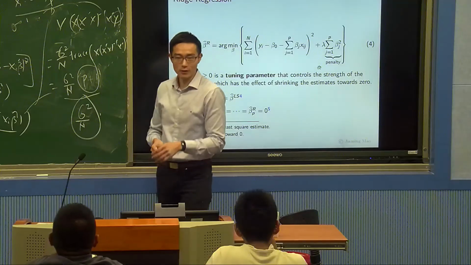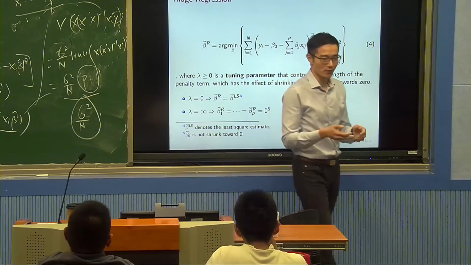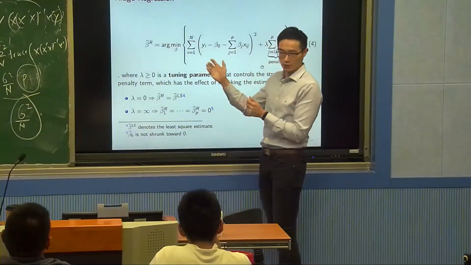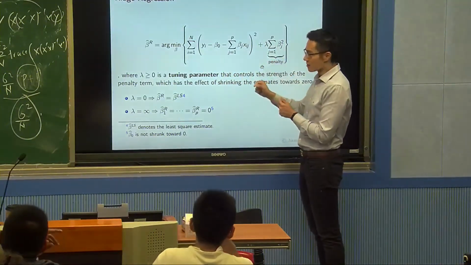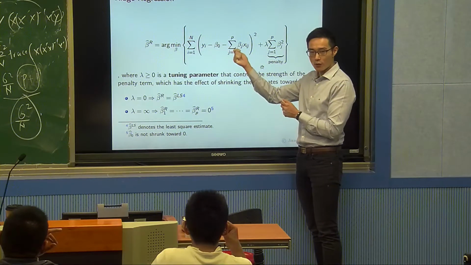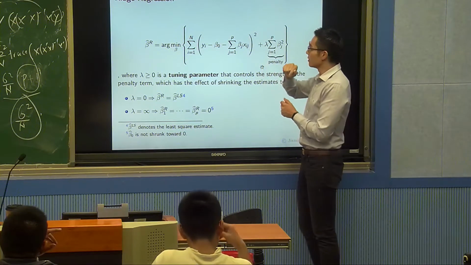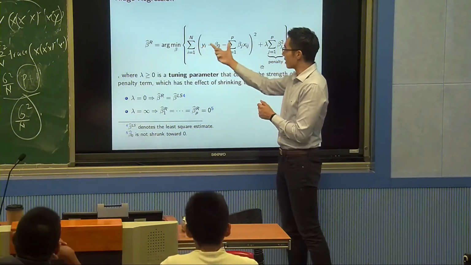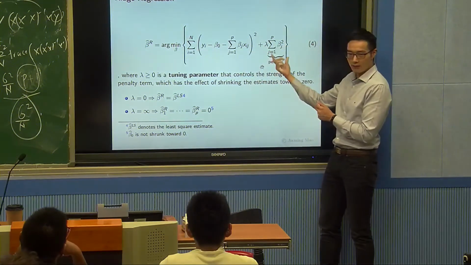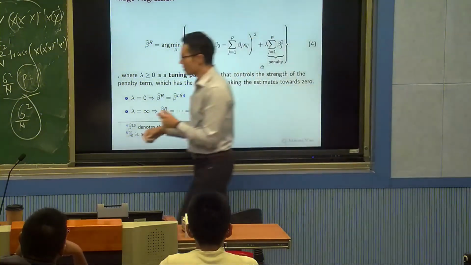So how do we actually do the shrinkage in ridge regression? Here is how we do it. In OLS, we minimize the squared difference between y and beta x. But in ridge regression, we minimize not only this, but also an additional part.